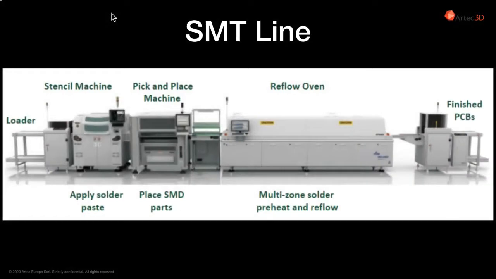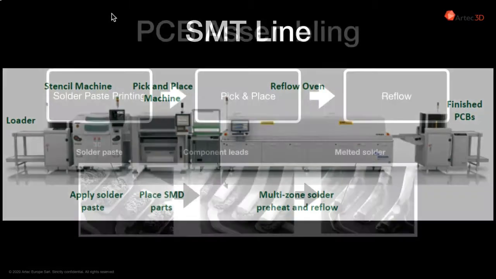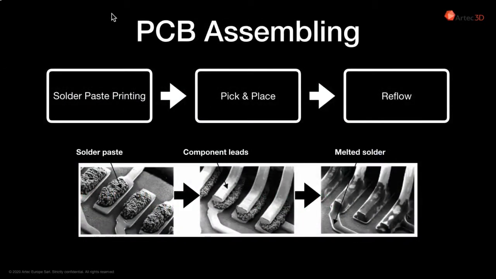The minimal SMT line contains three machines: stencil printer, pick and place machine, and oven. First of all, the solder paste should be applied on the pads on the PCB, then components placed on the PCB over the paste, and then it should be reflowed so the solder will melt.